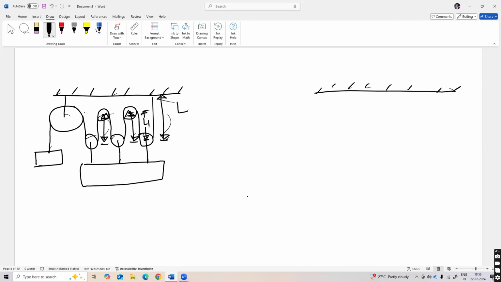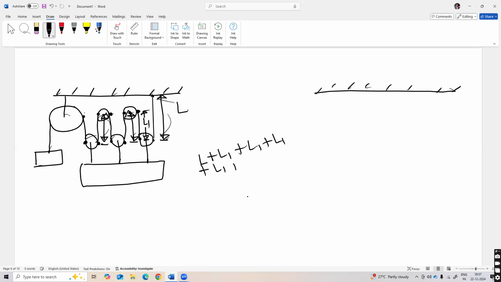The total length will be this length from this point to this point, L. Then from this point to this point L1, again L1, then L1, then L1, and again from here to here.